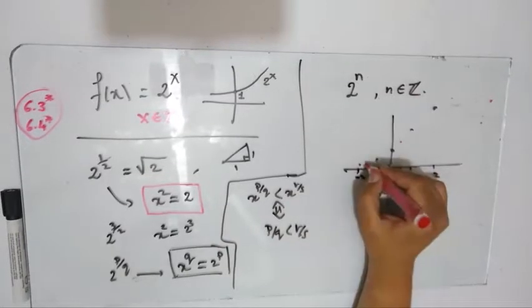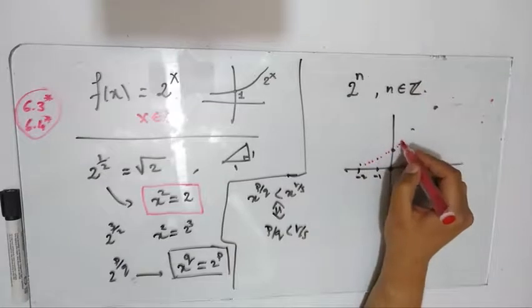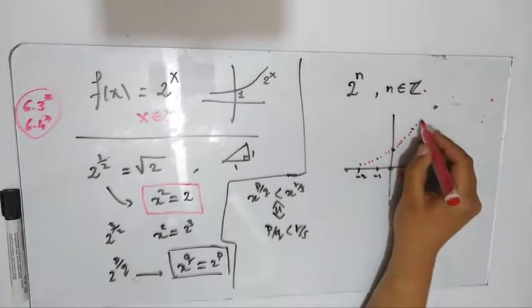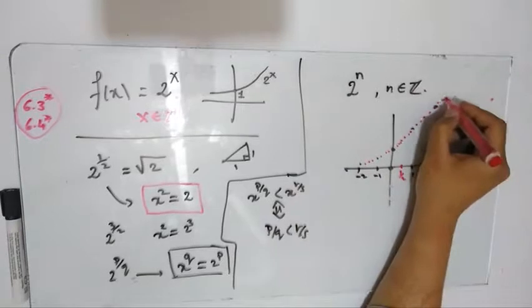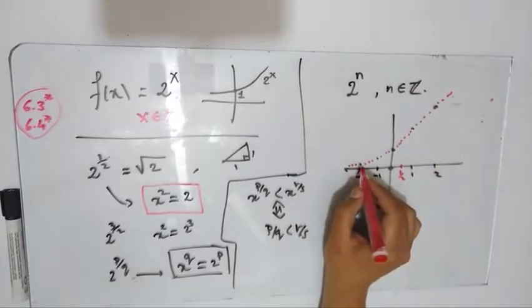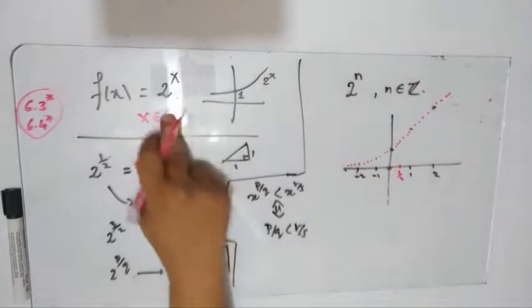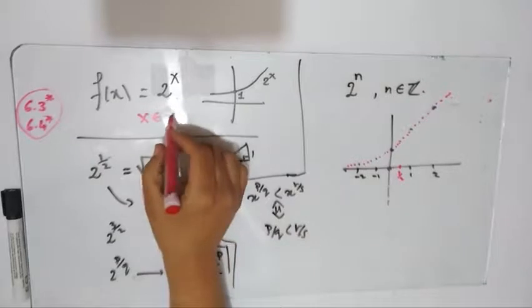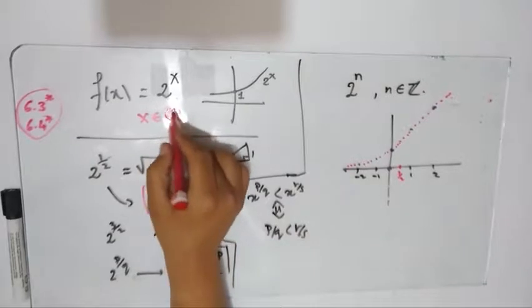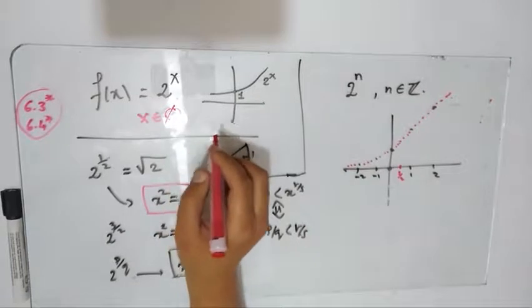So now we can fill in many other points which are the images of these rational numbers. Now we know how to define it over Q, over the rational numbers. Q is the set of all rational numbers.